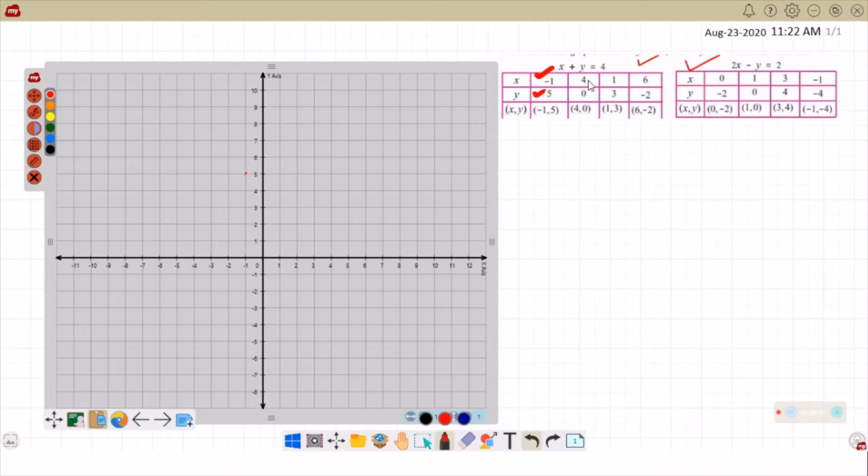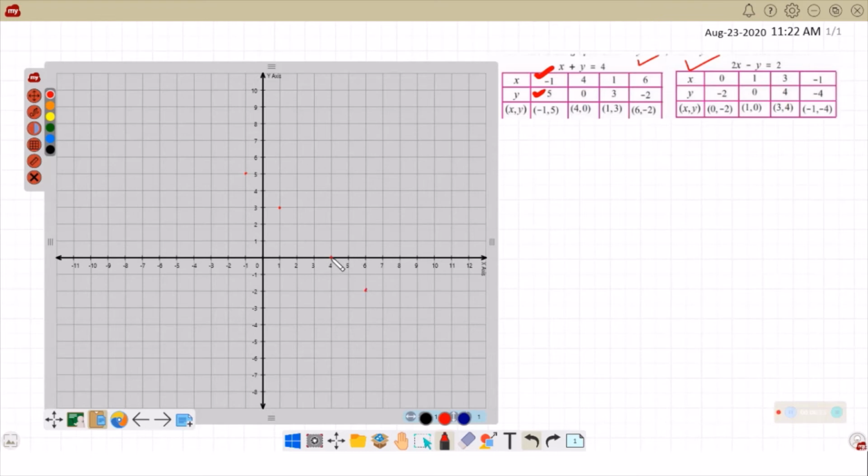I will mark it here. Then 4 on the x-axis, and 0 on the y-axis, so it stays here, no problem. Then 1 on the x-axis, 3 on the y-axis. The x-axis is this, and 3 is here. And then 6 on the x-axis, here it is 6 steps from y, and minus 2 for the y-axis. So here it is. So we got 4 points.